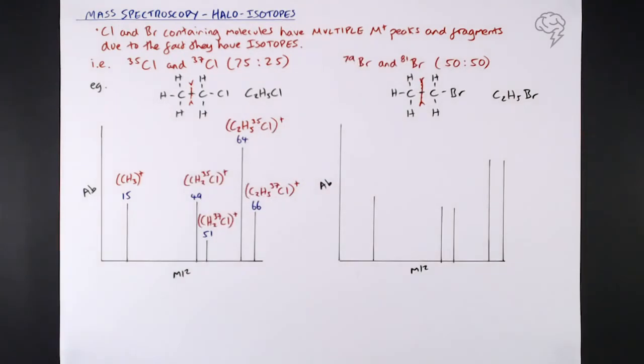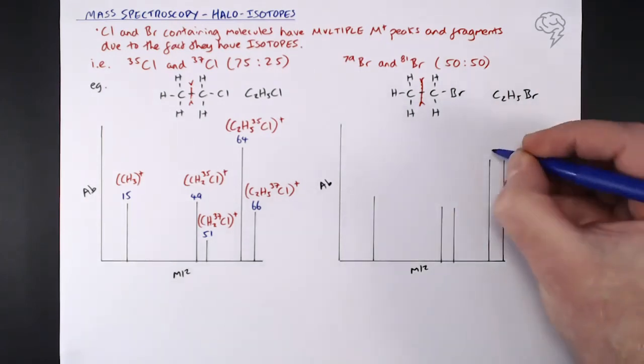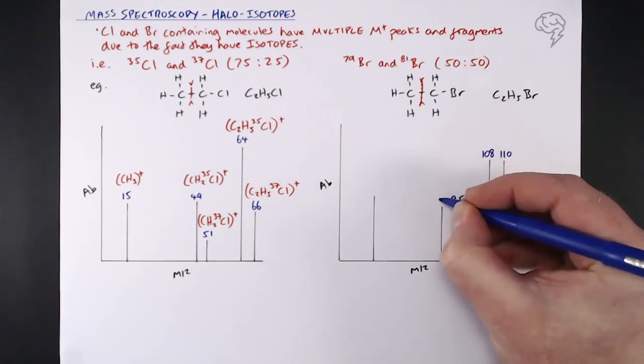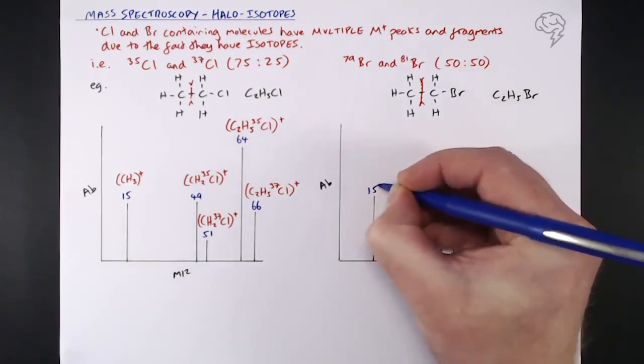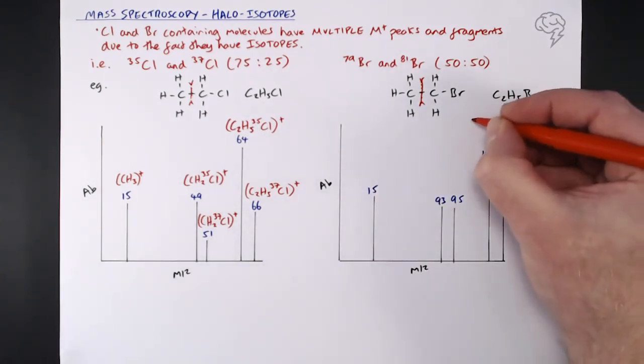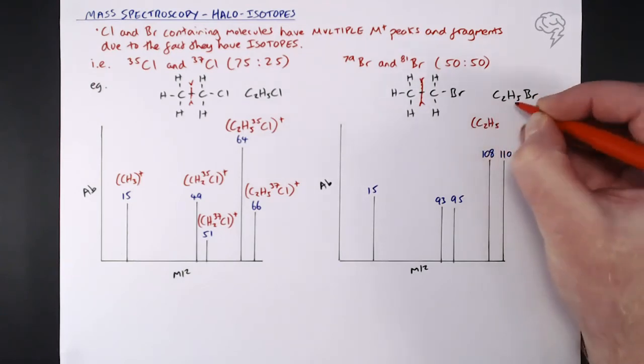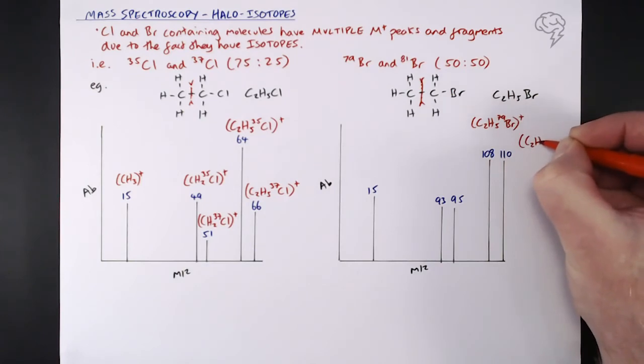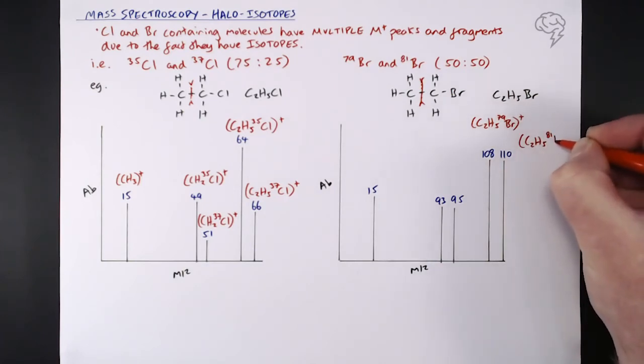On the far right hand side, always our molecular ion peaks. This time we're going to get 2, of course, 108 and 110, because that's the full molecular mass of bromoethane. 110 contains the 81 bromine, 108 contains the 79, just in the same way that chlorine did. But this time it's a 50-50 split. They're going to be the same height.